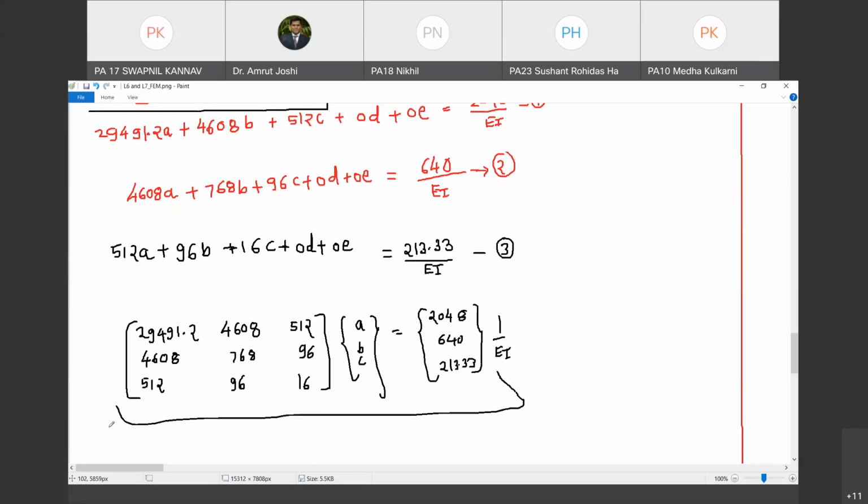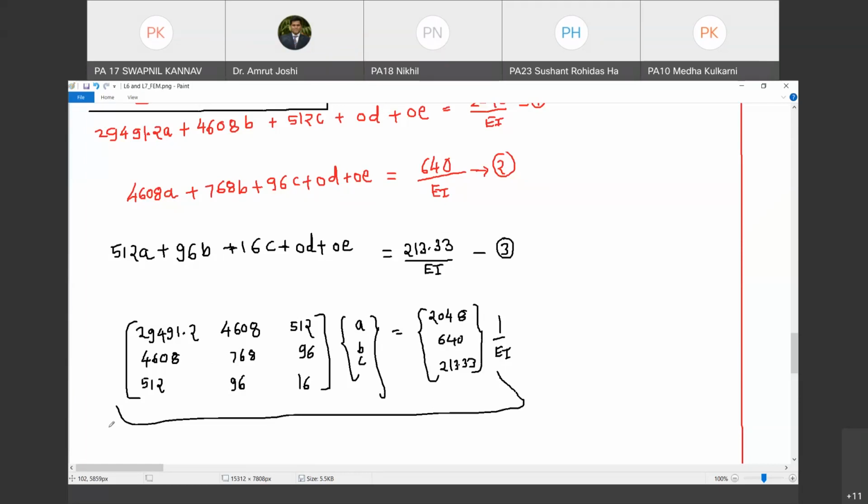So let us solve it for A, B and C. So I'm going to go to equation mode in which I have three unknowns. What is value of A? 29491.2. Then 4608, then 512, and then 2048.